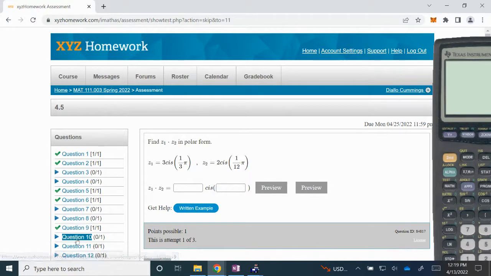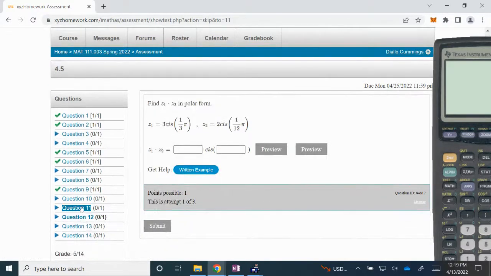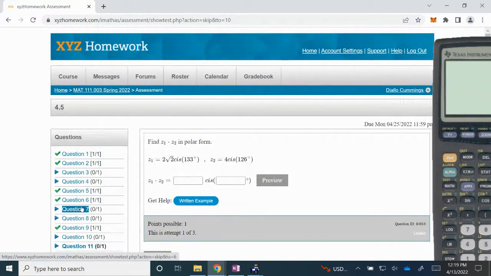Let's take a look at number 11. It says find z sub 1 times z sub 2, and we're given z sub 1 as 2 square root of 2 cis 133 degrees and z sub 2 as 4 cis 126 degrees.